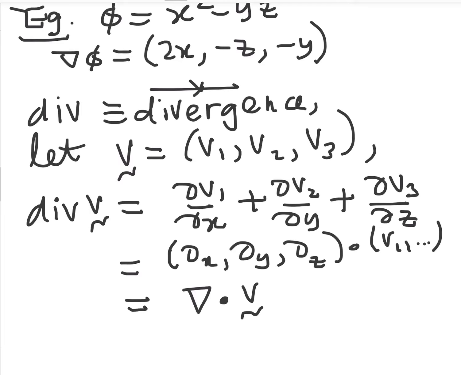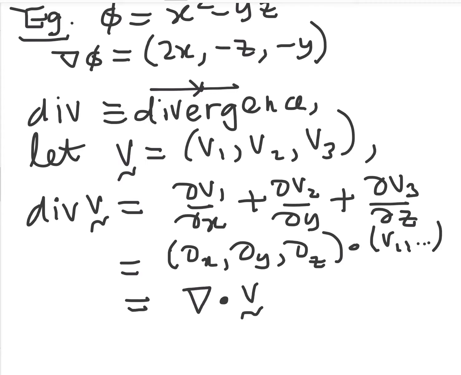So you may want to remember this as del dot v. Keep in mind that the del operator operates on a scalar to give you a vector. The divergence operator operates on a vector to give you a scalar.